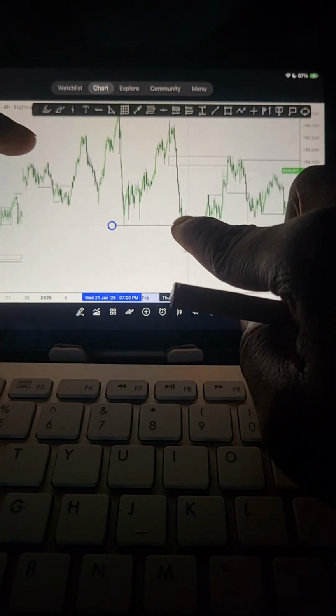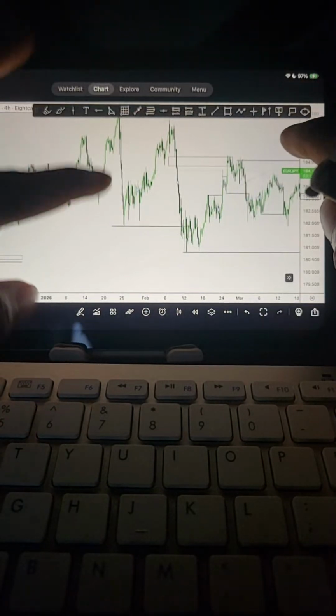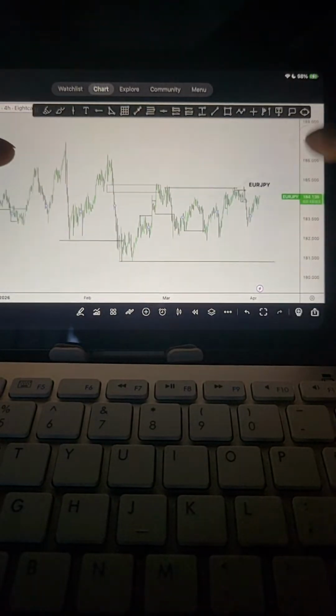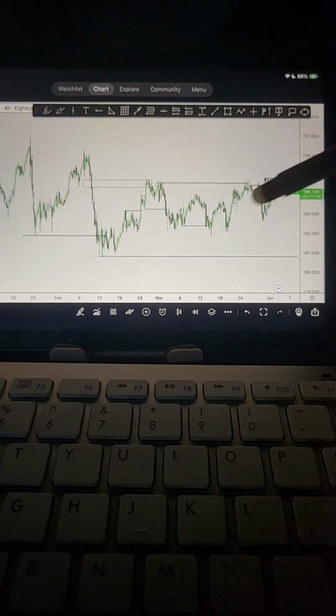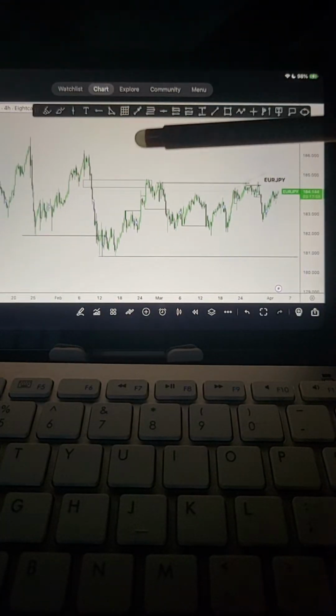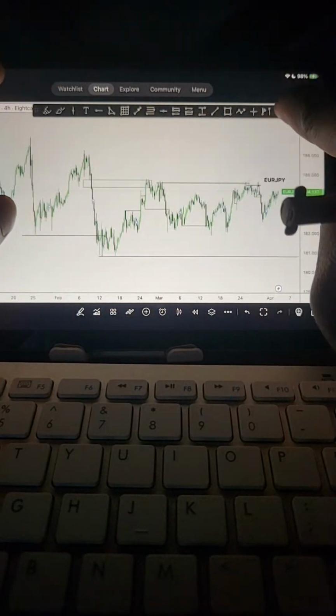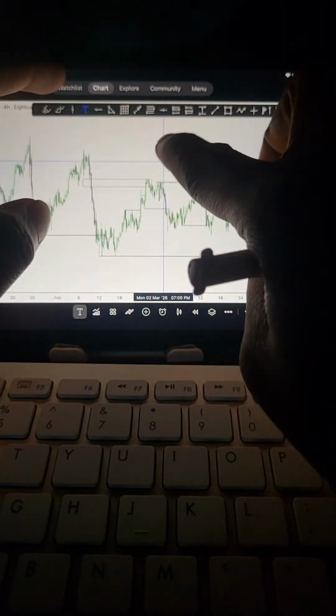We are clearly in a downtrend. This is Euro JPY you are seeing here on the chart.